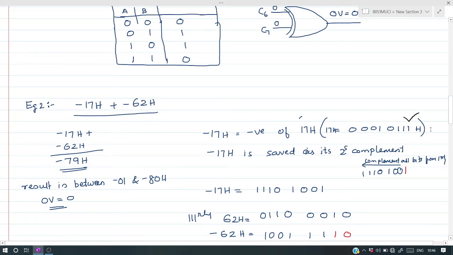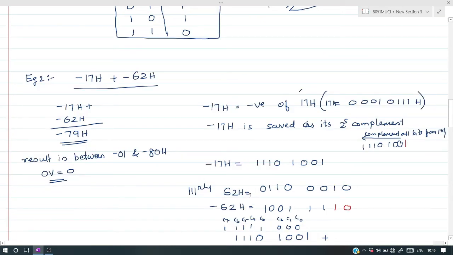If a bit is 0, we copy the zeros until this first one. Here the first bit itself is 1, so we copy that one here, and the remaining bits we complement. So 1's complement is 0, 1's complement is 0, 0's complement is 1, and so on. We got this number. So minus 17h is this number.